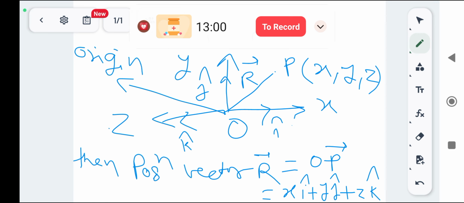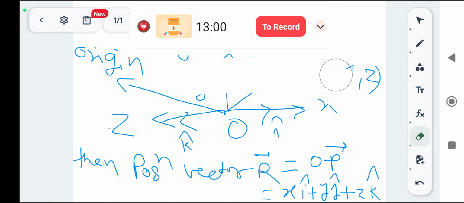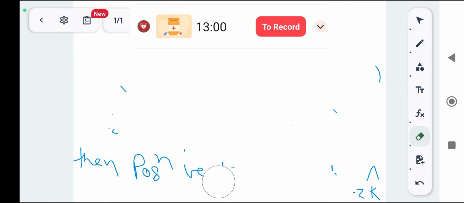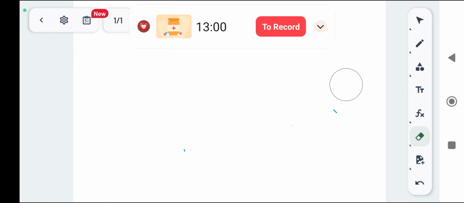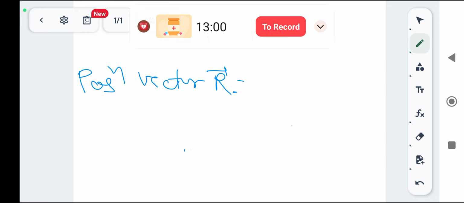Now write down this. The position vector is equal to xi plus yj plus zk.